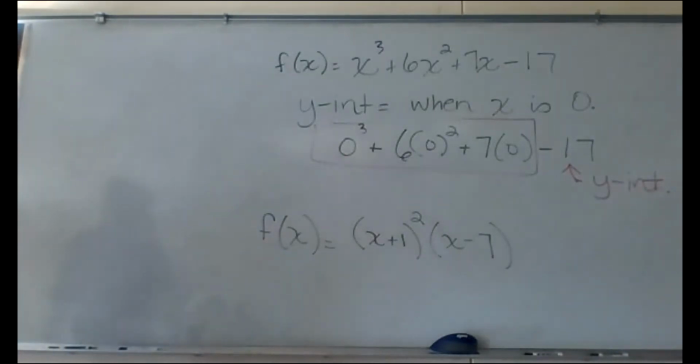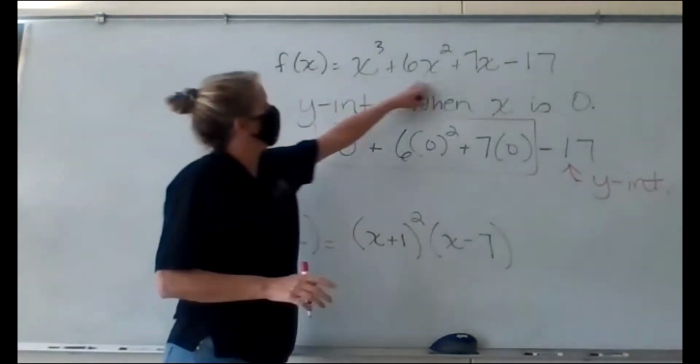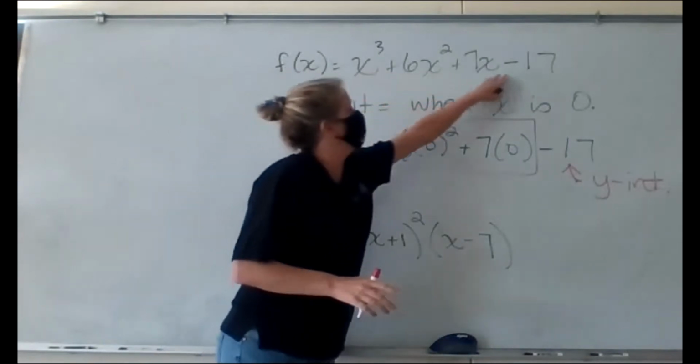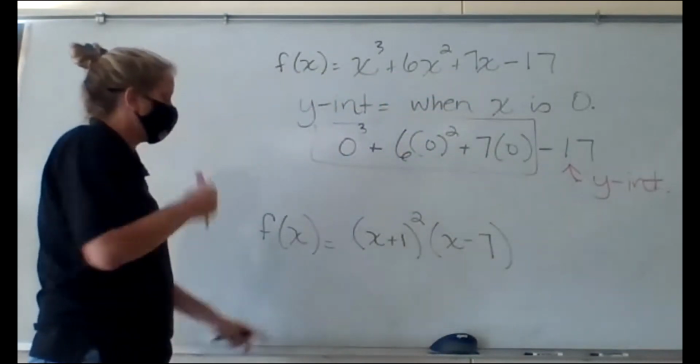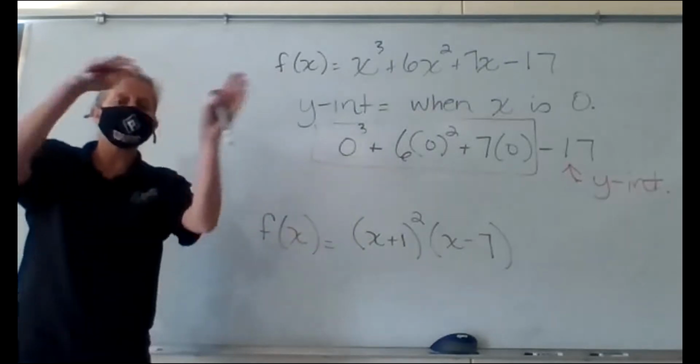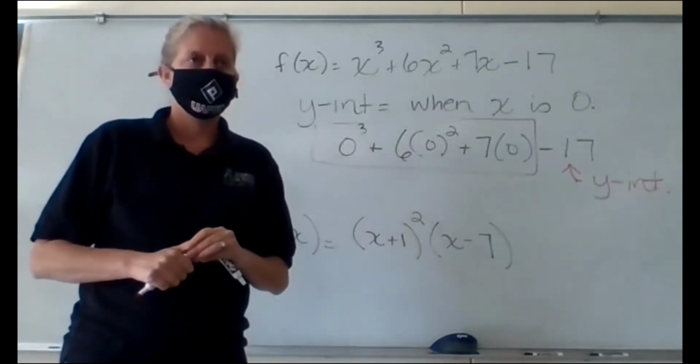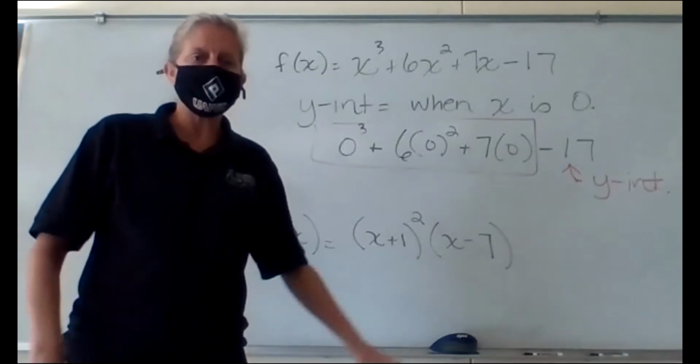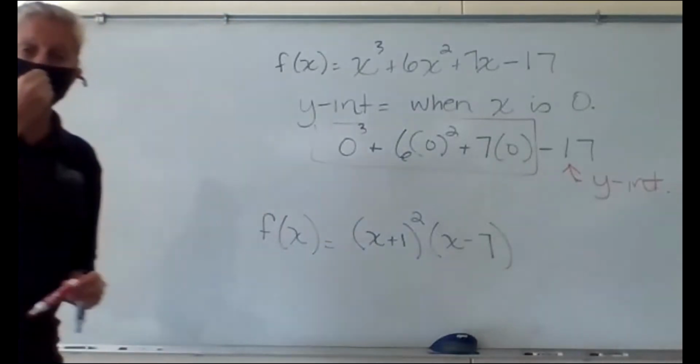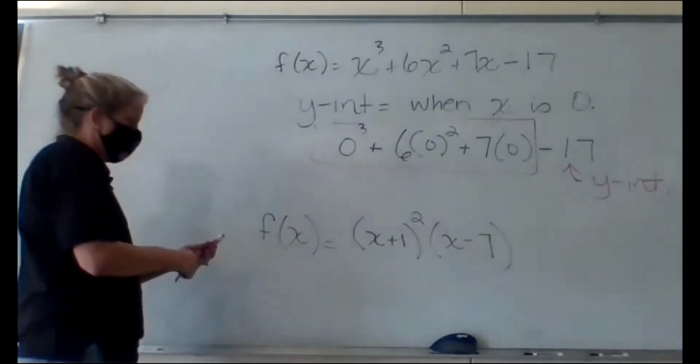Okay? Now let's talk about if your function is not written out as the polynomial with the group of terms all listed out, but it's written out in factored form. This goes back to Friday. I'm going to find the X-intercepts because it's already in factored form for me.